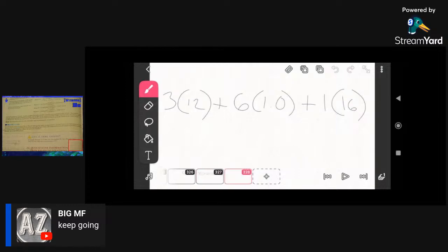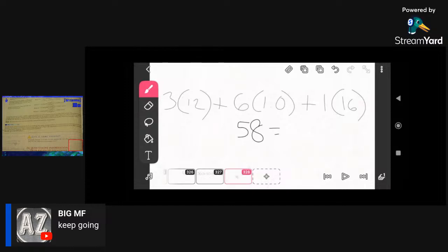And what this is going to equal, in my notes, I got 58. Hold up, is that right though? Yeah, it has 58. So this is going to equal 58.